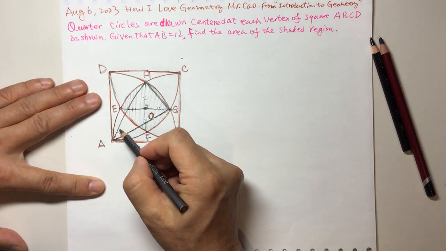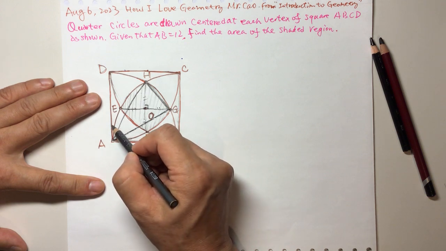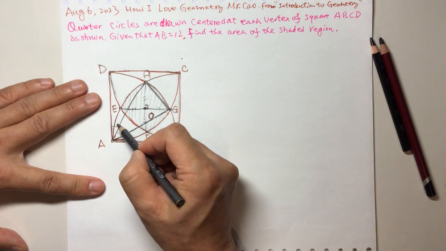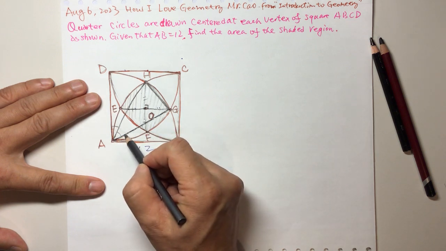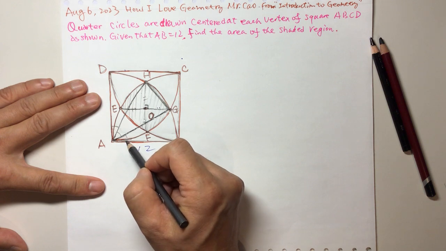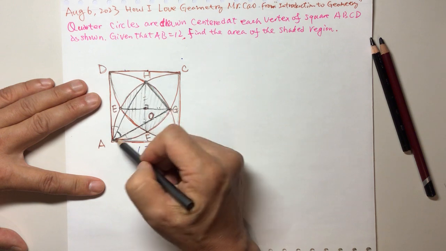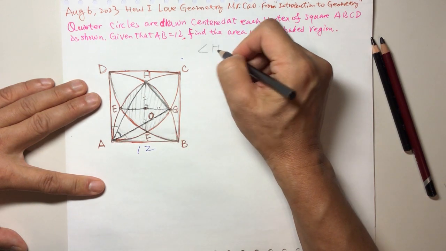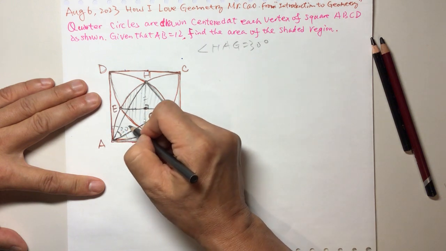So this part will be 60 degrees. So it means this angle will be 30 degrees. The same reason, we will find this angle will also be 30 degrees. So this angle HAG equals 30 degrees.